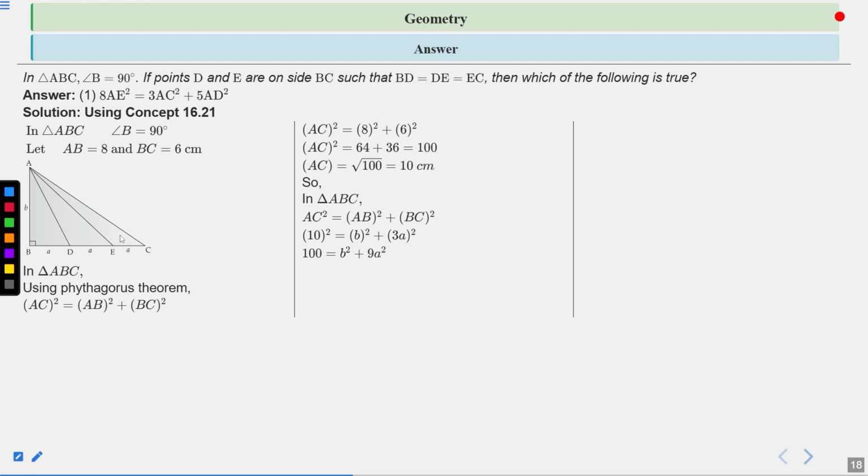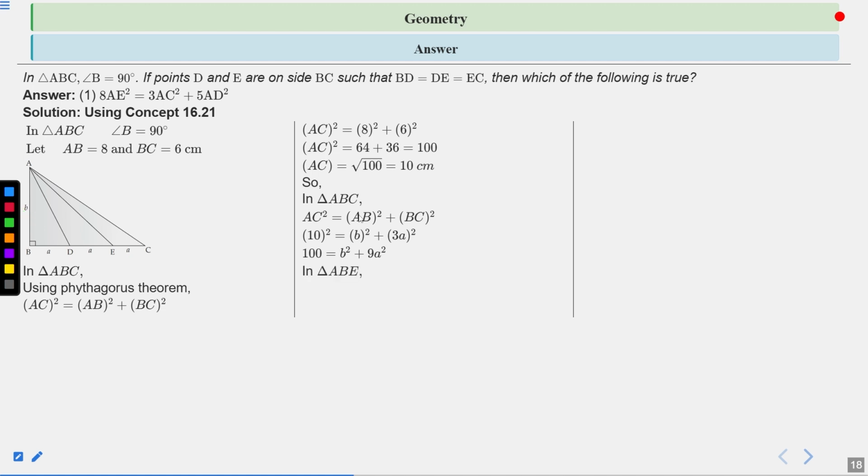So what we get is 100 equals B square plus 9A square, because we let the length of AB be B, and the length of BD equal A, the length of DE equal A and the length of EC equal A. So we can say that the length of BC will become 3A.